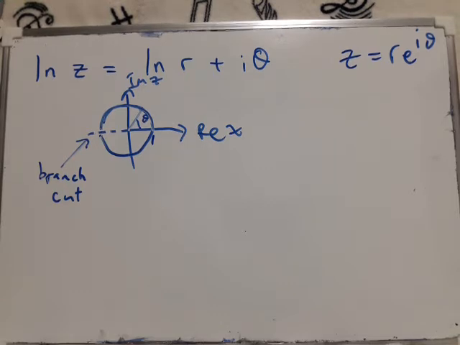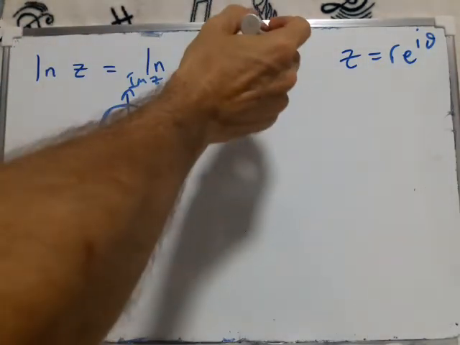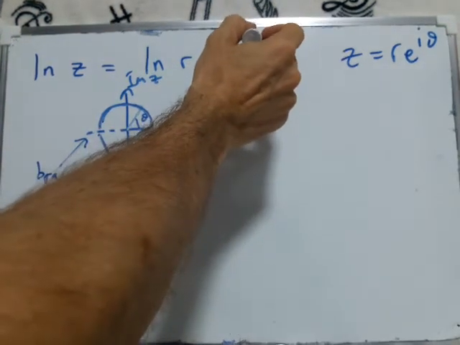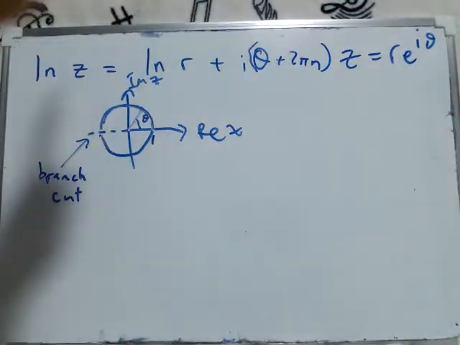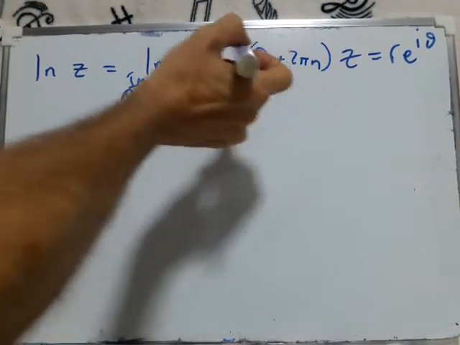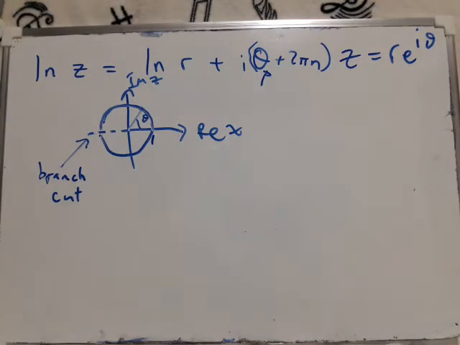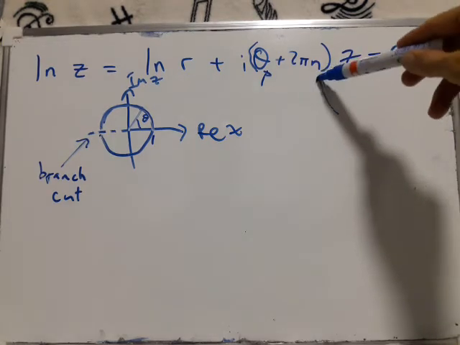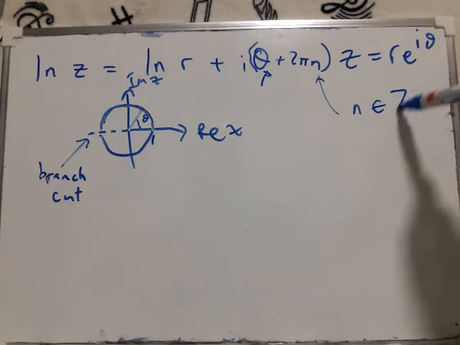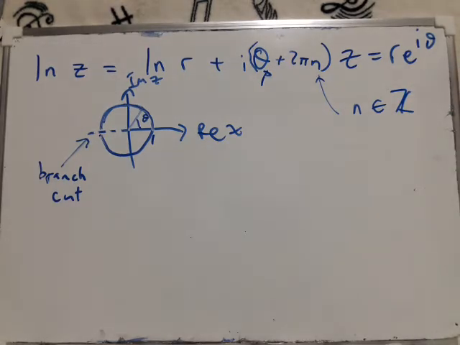So why are we talking about branches? Well, remember that in fact log z can be written like this, and normally we write it like this, where theta p is the principal argument. It's multi-valued. We can choose n to be any integer, and for each choice of n we call that a branch of log z.